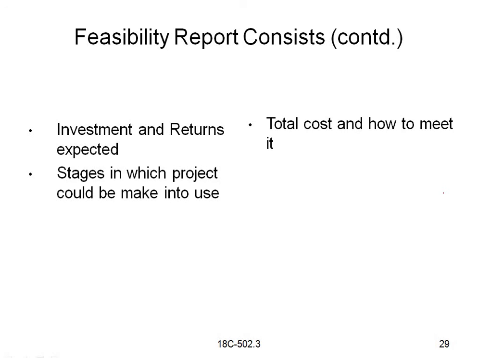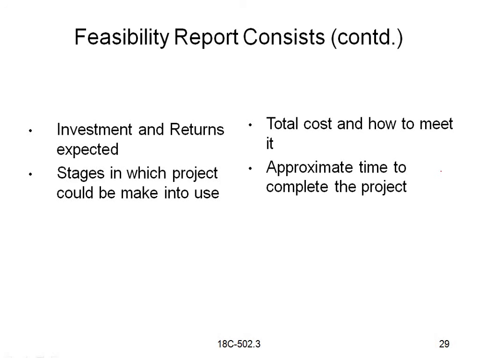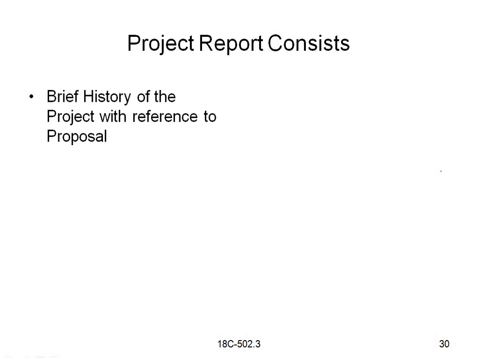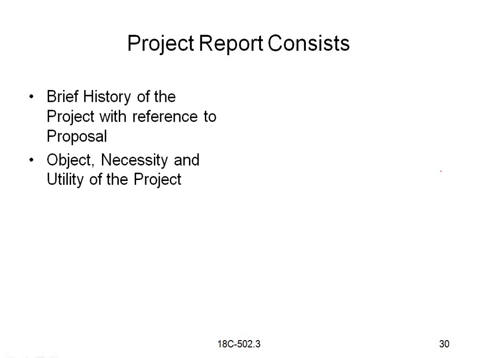And in the project report, the total cost and how to meet it, and approximate time to complete the project. How much time is required to complete a project should be shown compulsorily. And a brief history of the project with reference to proposal, object, necessity and utility of the project. So this is a main category required for the projects.